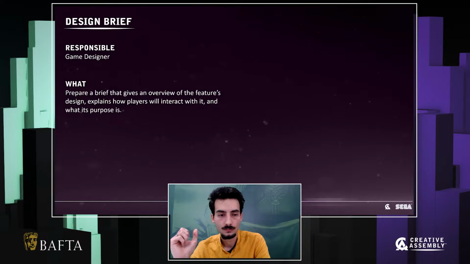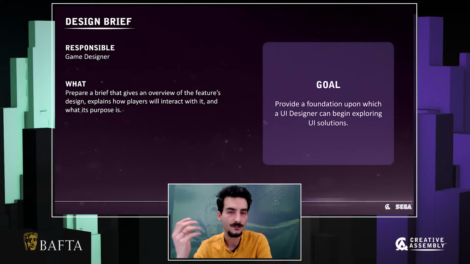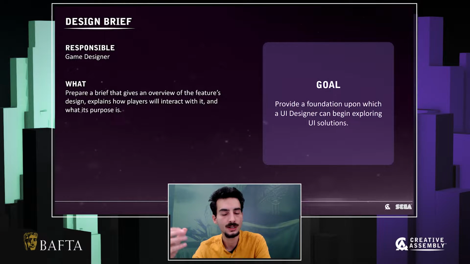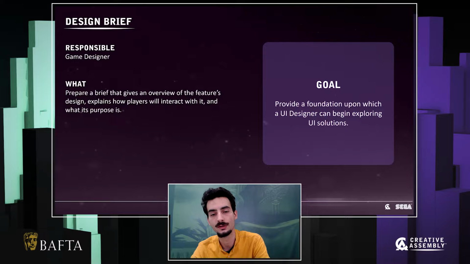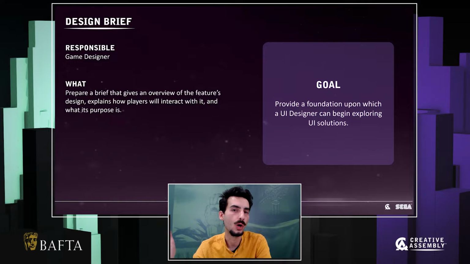So really, the goal of this step is to provide a foundation upon which a UI designer can start exploring UIs, can begin exploring UI solutions. Now keep in mind that there isn't a set requirement or a specific rule of what the design brief should be or how it should look.